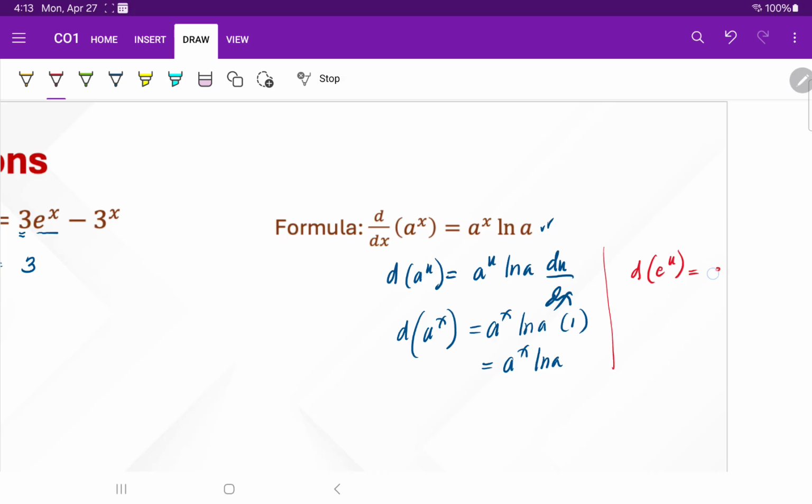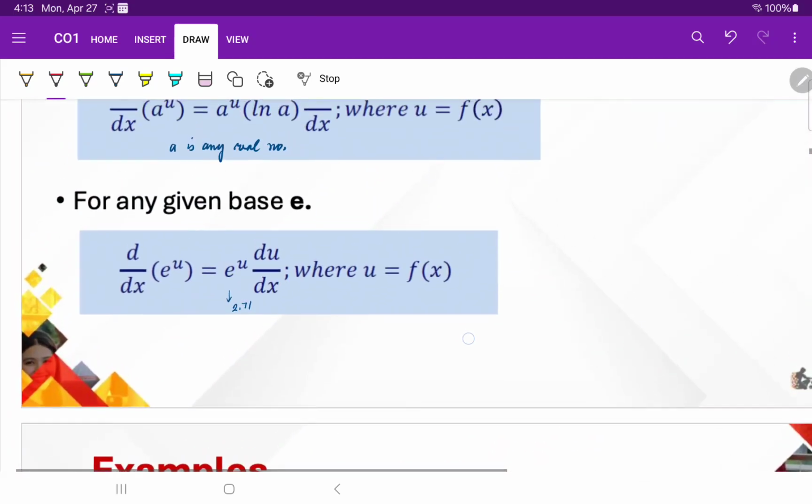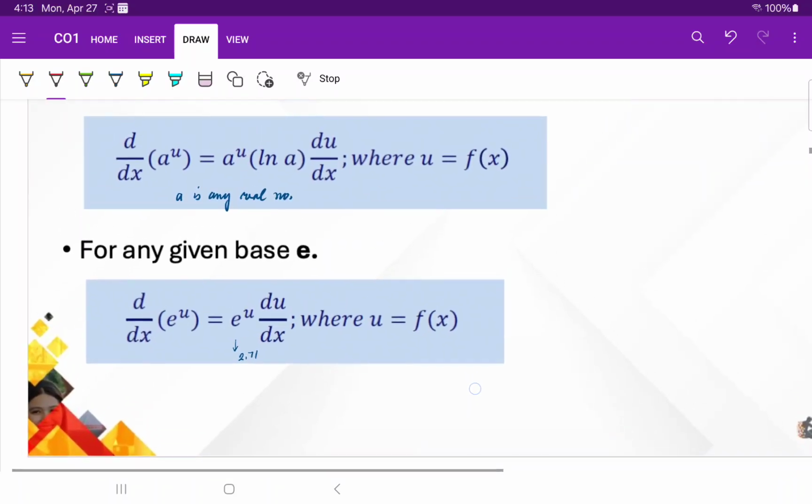That gives us e to the u du dx. So we have two formulas here that we discussed. The derivative of e to the u is e to the u du dx. The derivative of a to the u is a to the u ln of a du dx.